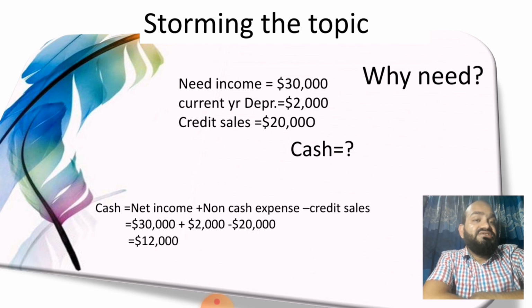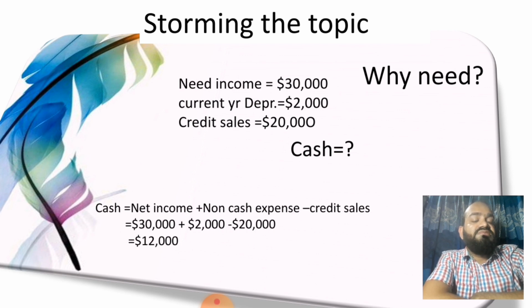Actually, with the net income, we need to add back non-cash expense and deduct credit sales, because when your company prepared net income, that time your company deducted non-cash expense, but your company did not pay this amount in cash, and this credit sales is included in net income. Also, the company did not take this amount, so we need to adjust these two types of account. And finally here we see that cash equals 12,000.